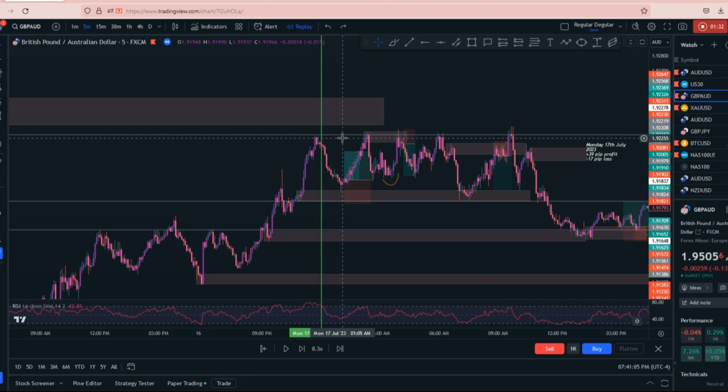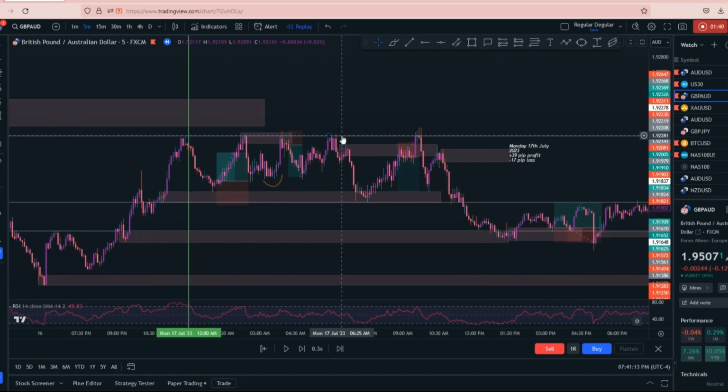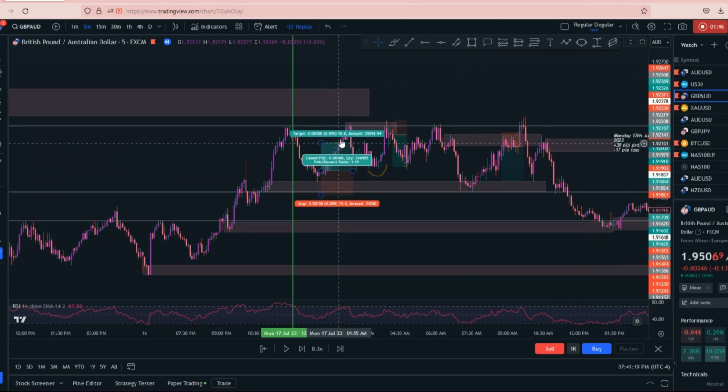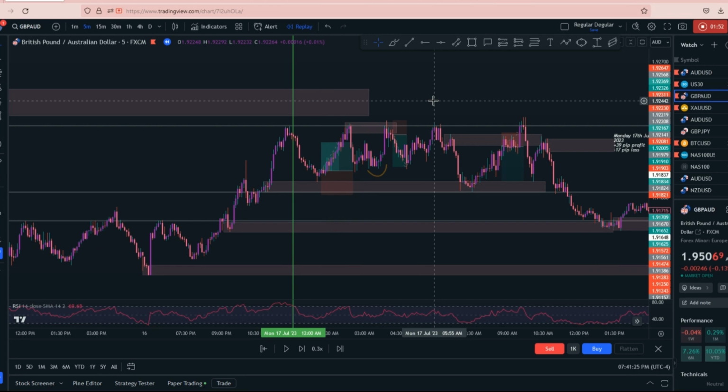I'm learning as well to trust my trades, you know, and go for the highest percentage that I think I can go for. The second one was based off of the result of that move to the upside, that previous move to the bullish side.